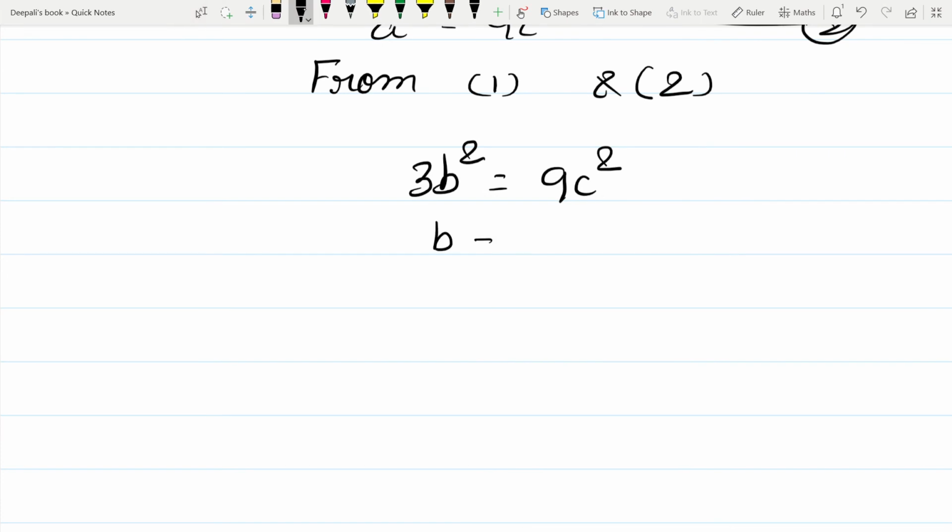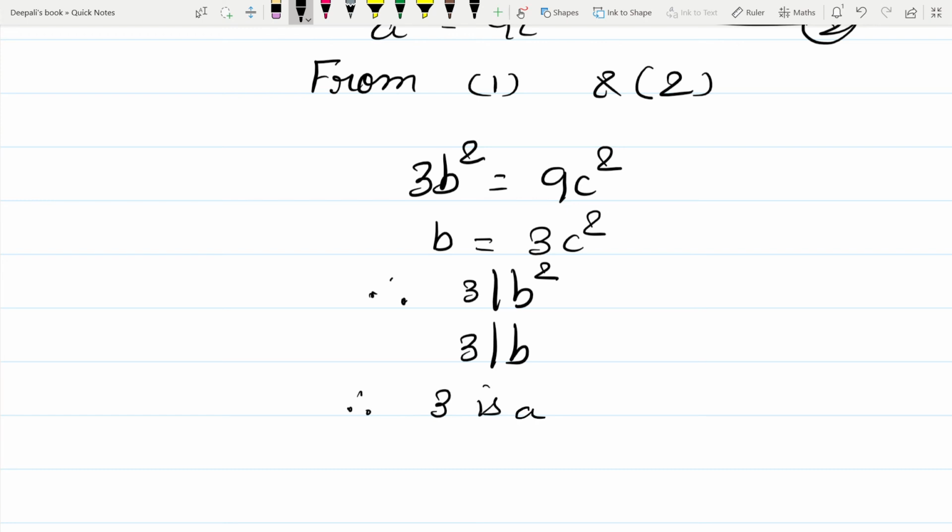So b square is equal to 3c square. Therefore 3 divides b square and 3 divides b. Therefore 3 is a factor of b as well.